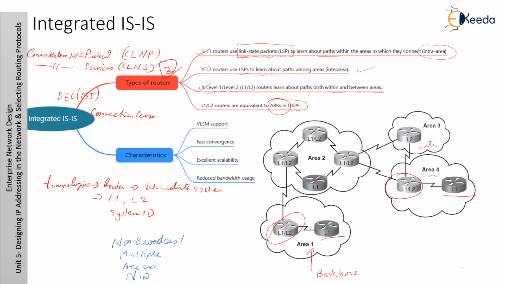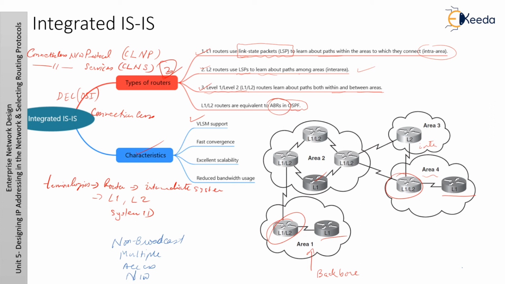Now come to characteristics of integrated ISIS. It is a popular IP routing protocol in the ISP industry. The simplicity and stability of ISIS make it robust in large internetworks. Integrated ISIS characteristics include VLSM support. So this is the third protocol in line which supports VLSM.